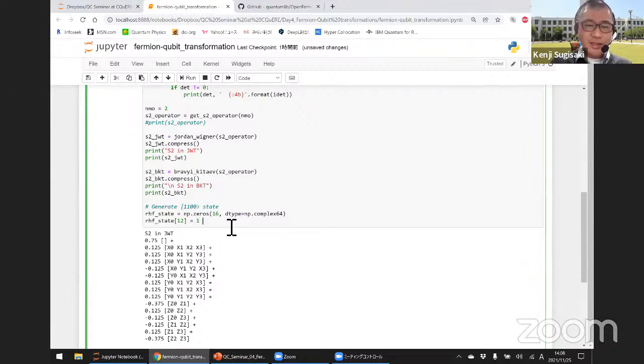So this means one times 2 to the third power plus 1 times 2 to the second power plus 0 times 2 to the 1st plus 0 times 2 to the 0.